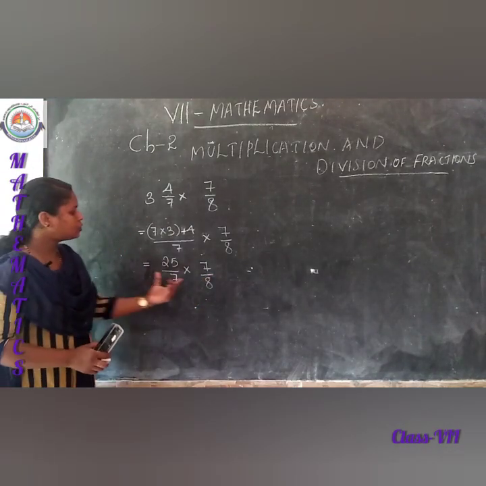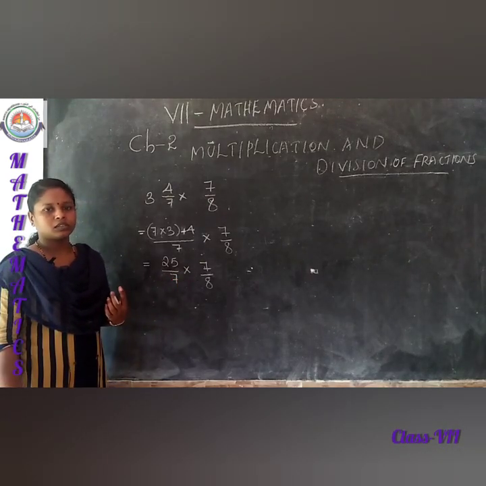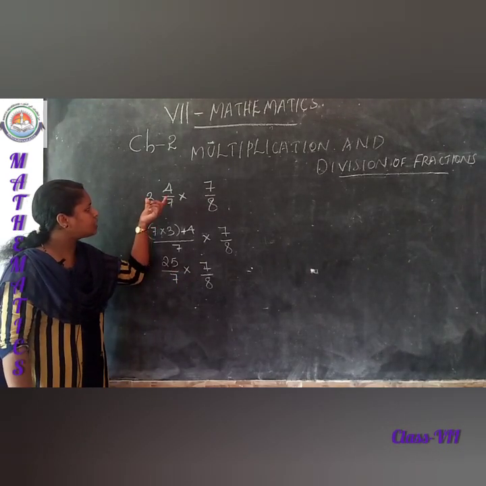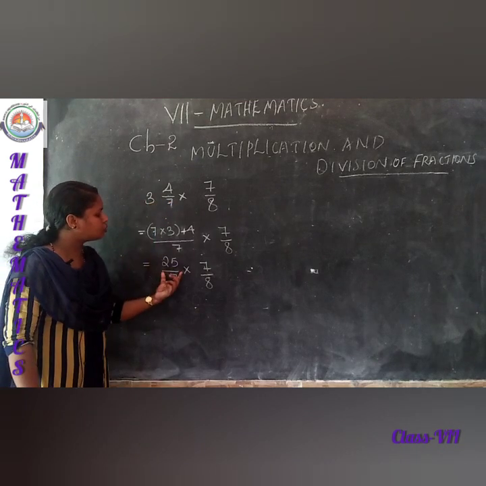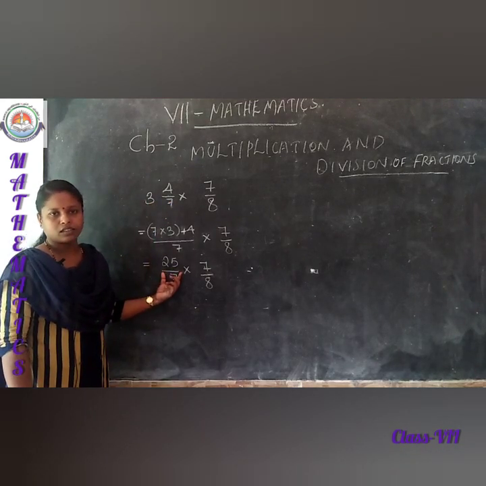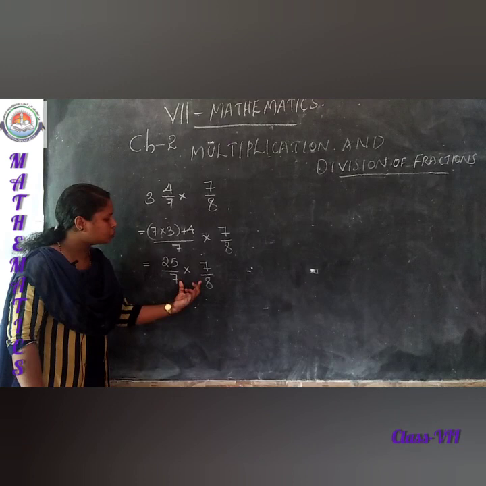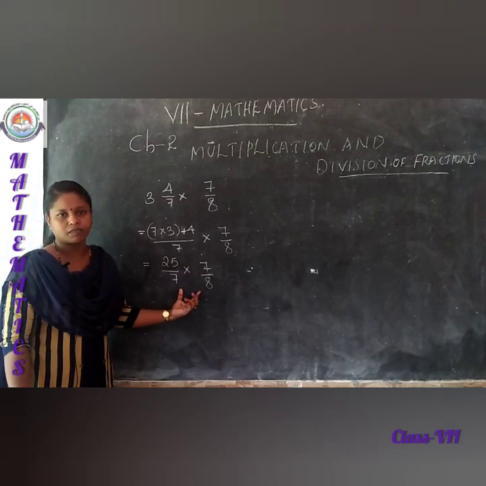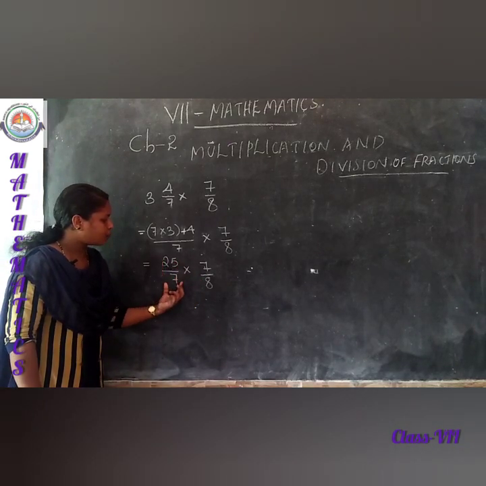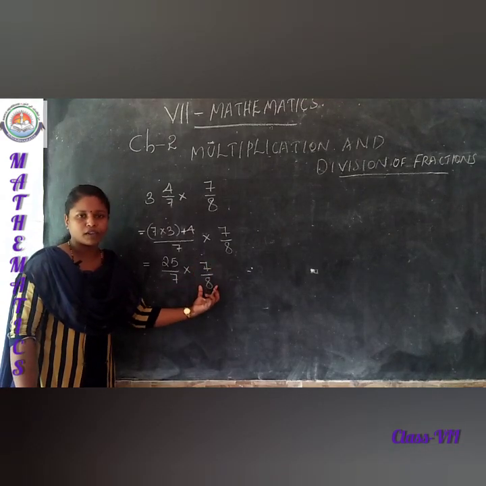Now we have changed this mixed number into an improper fraction. So we have two normal fractions. Here it is an improper fraction and here it is a proper fraction.